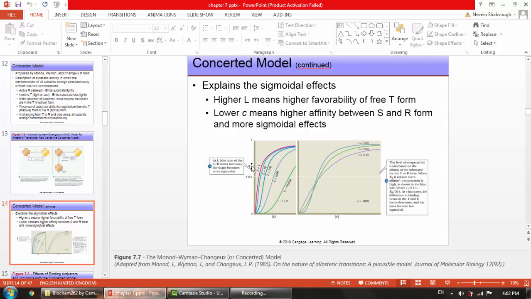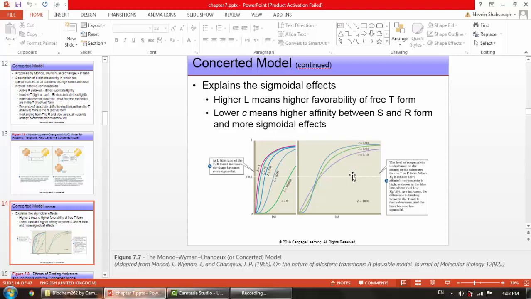At constant C, we notice that as L, the ratio of T to R, increases, the curve becomes more sigmoidal. Notice here, the red one is hyperbolic, and as L increases, the curve becomes more sigmoidal.